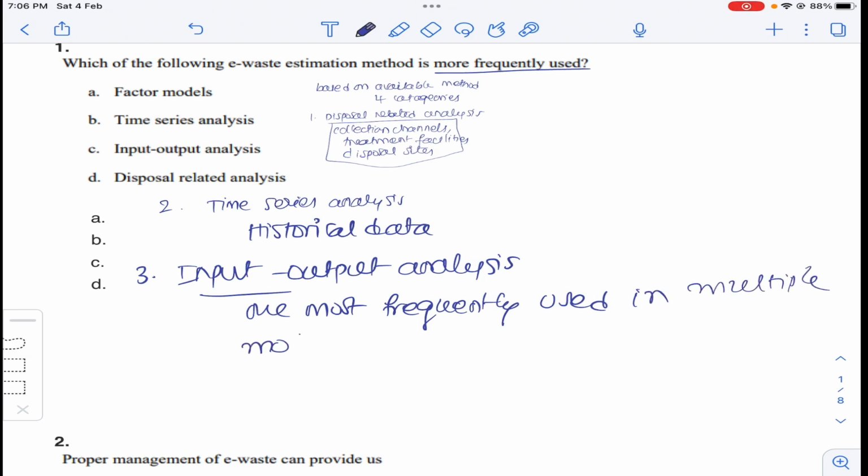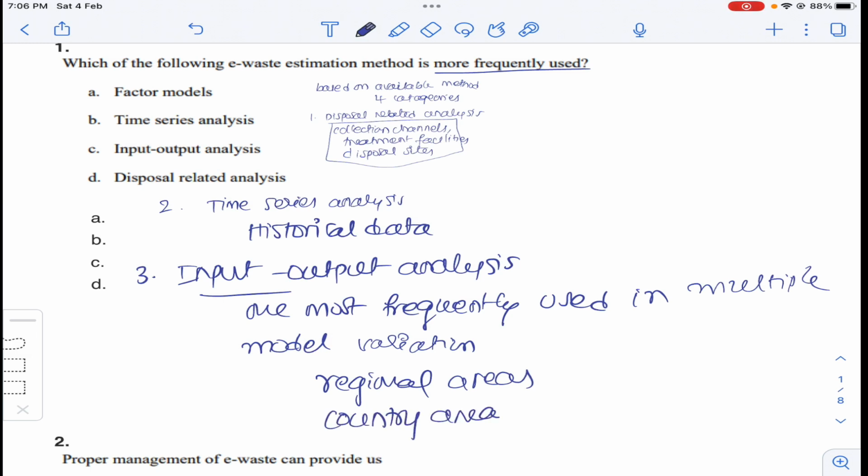It is applied for estimation of e-waste generation in many regional and country studies. It can be used in regional areas and throughout country areas. So, answer C for question number 1.